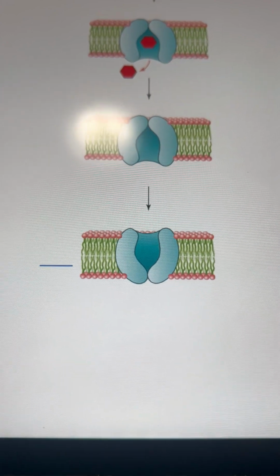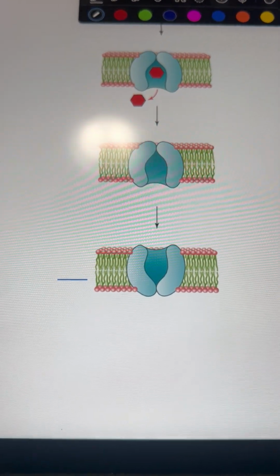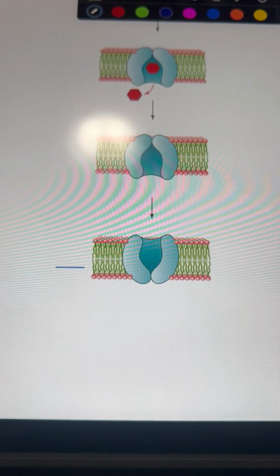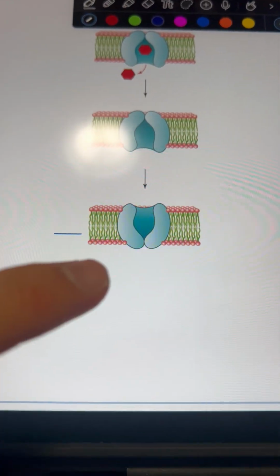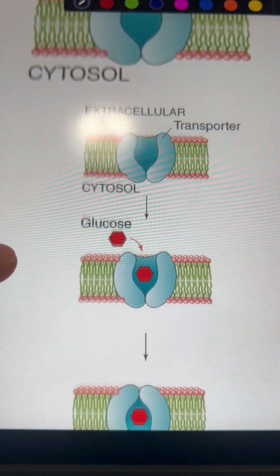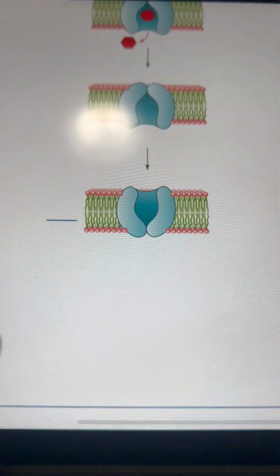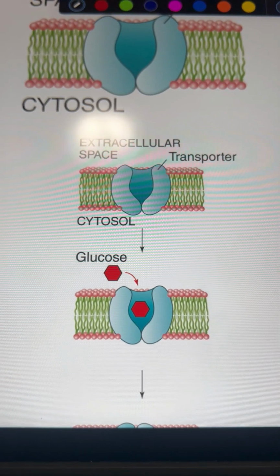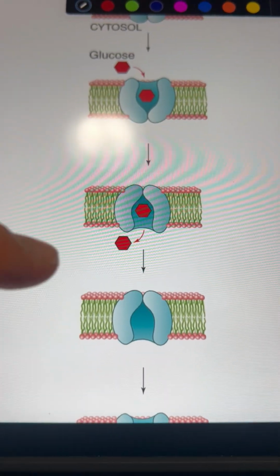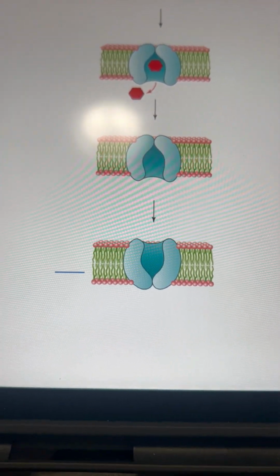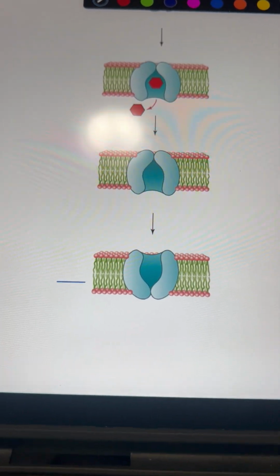But what is going to happen as soon as that glucose dissociates from the transport protein? We're going to get the conformational change back to the original state. This is actually referred to as the rocker method, because it kind of rocks back and forth. It rocks between opening up to the extracellular space, to opening to the cytosol, and back to opening up to the extracellular space, ready to bind again.